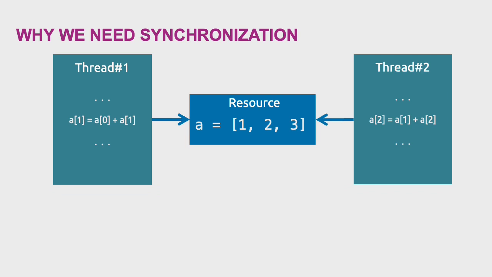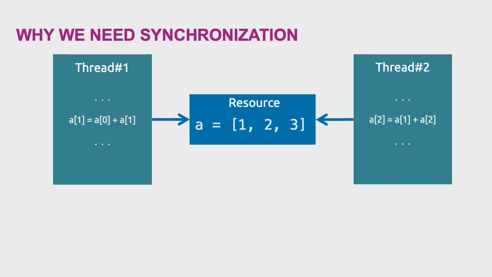So A1 equals A0 plus A1. Similarly, thread 2 updates the value of the third element of the list, A2, and its value is equal to A1 plus A2. So something really simple.